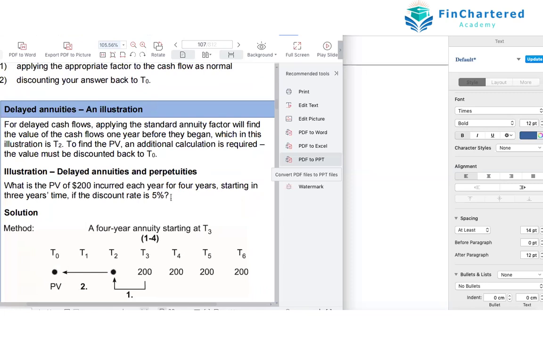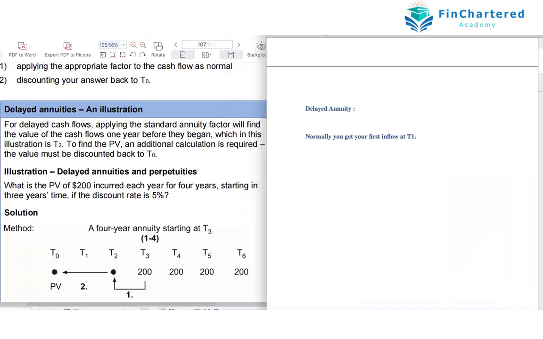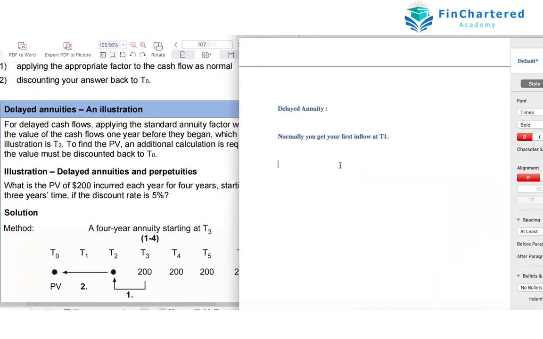What is the present value of 200 incurred each year for 4 years starting in 3 years' time?